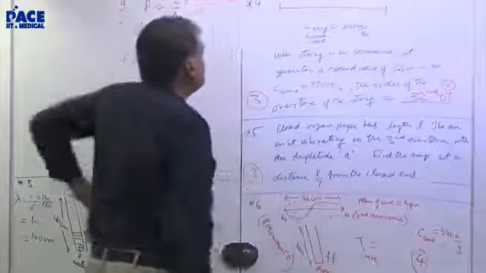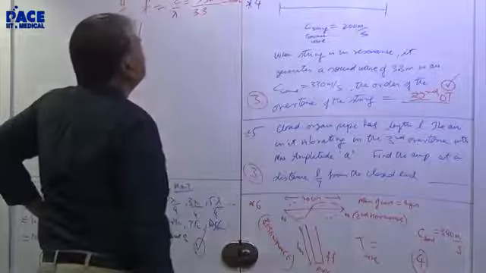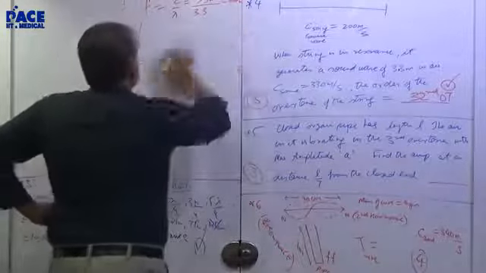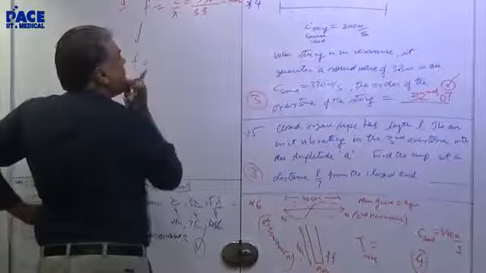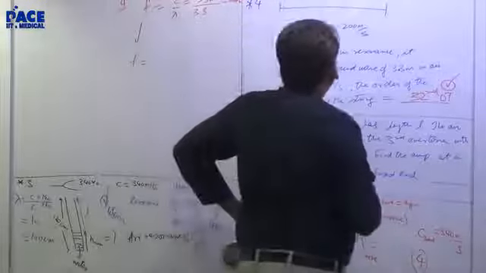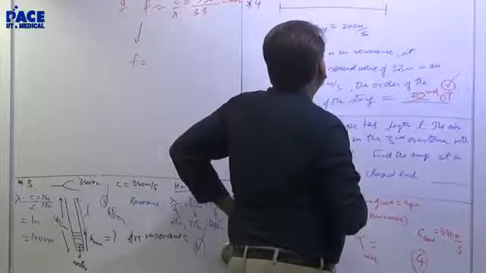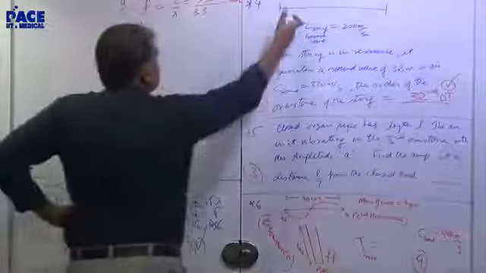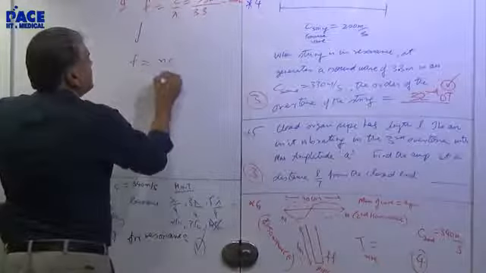So what is the frequency now? The frequency has to be 100 hertz. What is given is 200 meters and 3.3 meter is in resonance. So frequency is 100 hertz. What are the possible frequencies of this? The possible frequencies are NC by 2L.